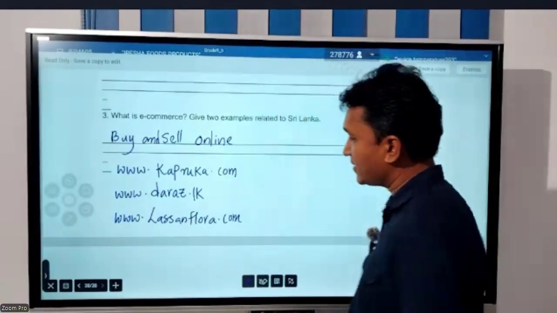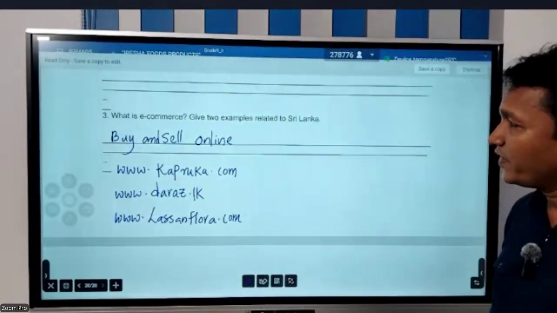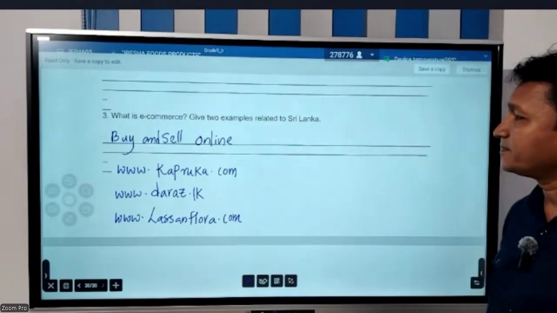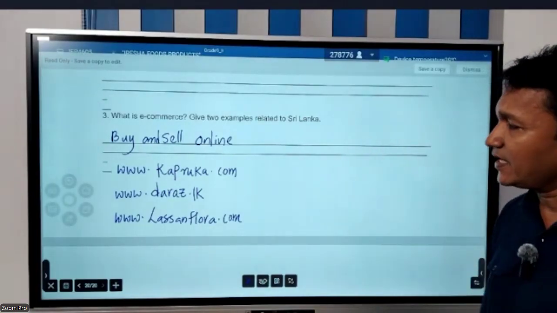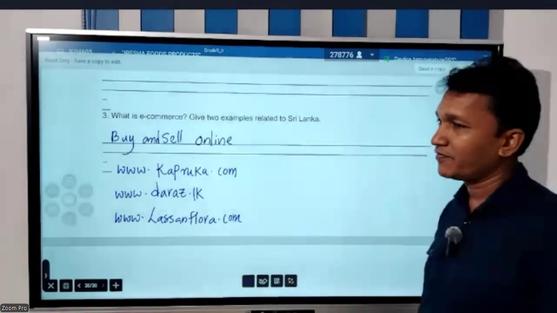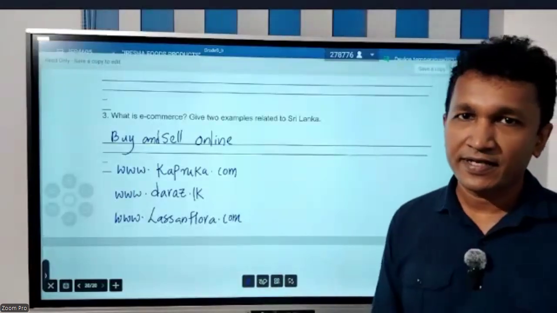From Kapruka, Daras, Lassanaforflora, so we can purchase online. So there are a lot of websites in Sri Lanka as well where we can purchase goods, right?